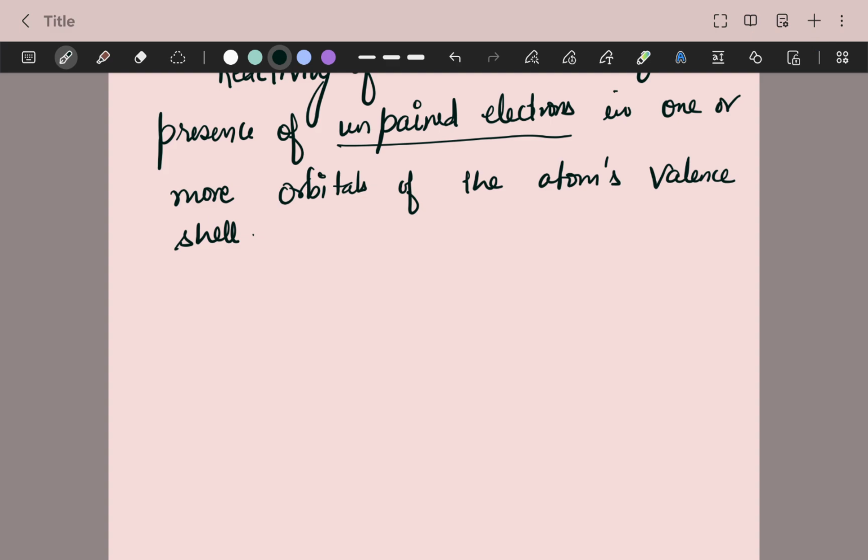Depending on that, the atom can complete its valence shell either by giving its electron to another atom or by sharing the electron. All those things we will study.